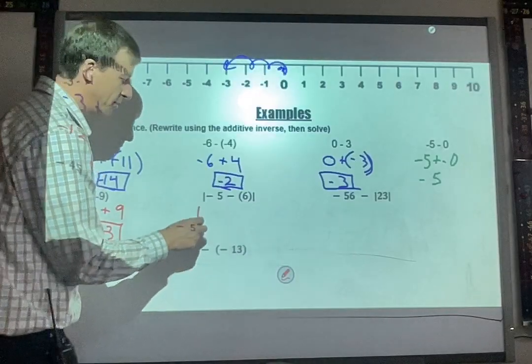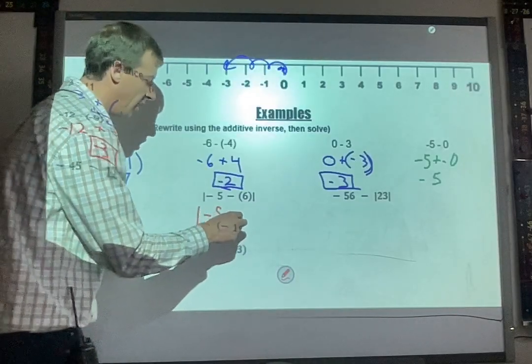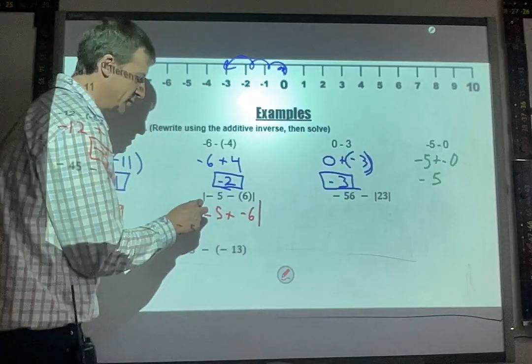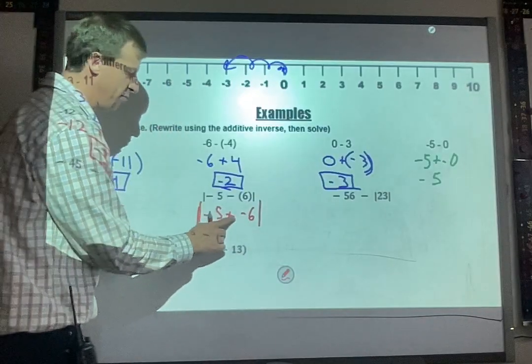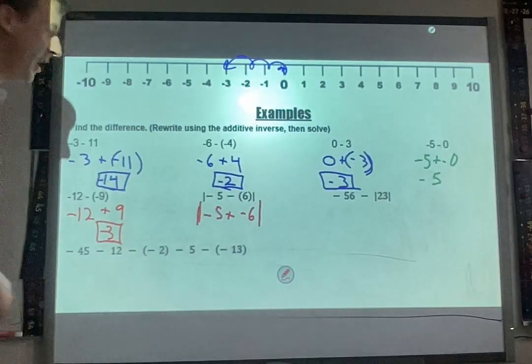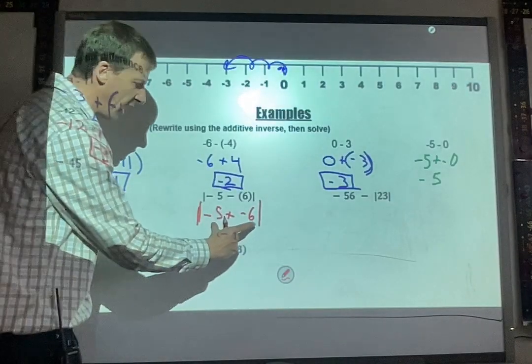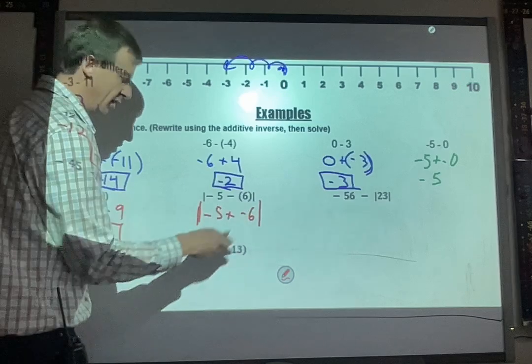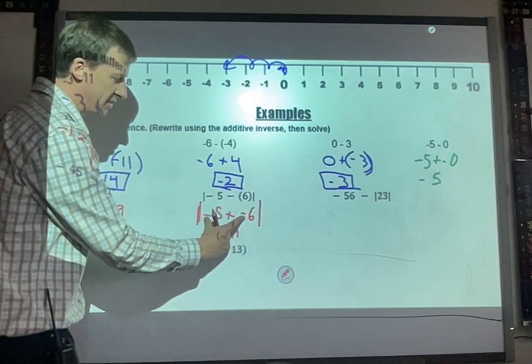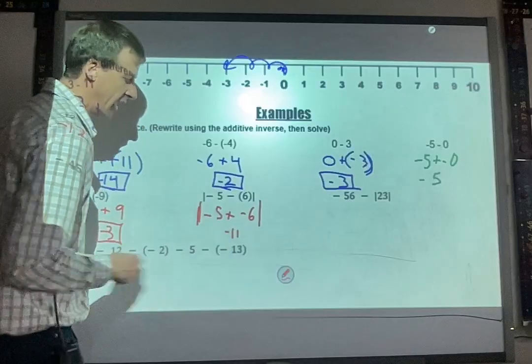We're going to change this to the absolute value of negative 5 plus negative 6. We turn this minus 6 into a plus negative 6. And now the rule is that if you have the same sign, we add them. 5 plus 6 is 11. And if they are the same sign, you take the sign of the numbers. These are both negative, so it's a negative. So we get negative 11.